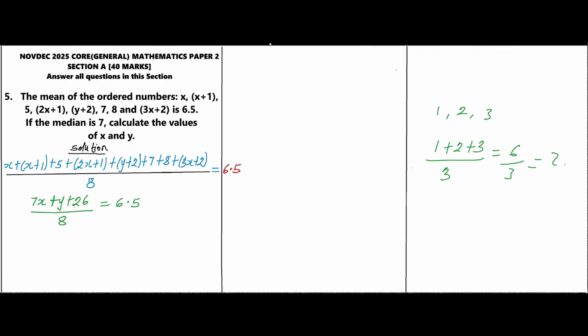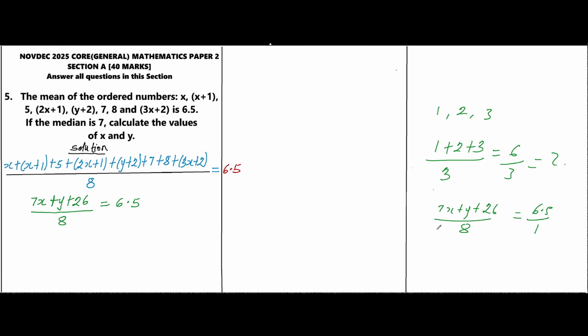Now let's do away with the fraction. So we know that the LCM here is 8. So let me write this. We have 7x plus y plus 26 all on 8 being equal to 6.5, so here it is on 1. Yes, so the LCM is 8.